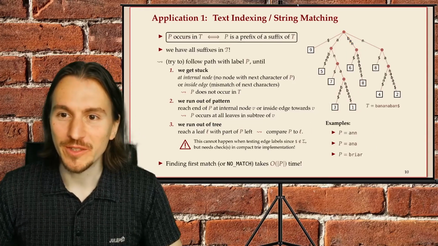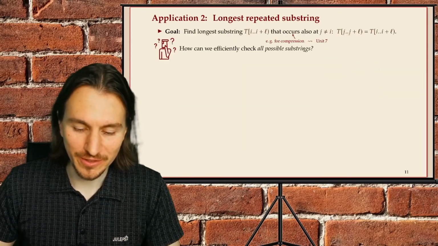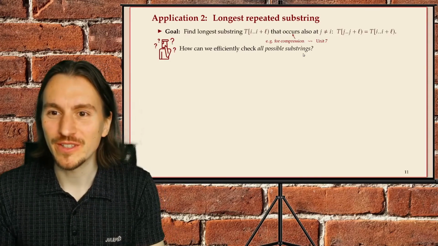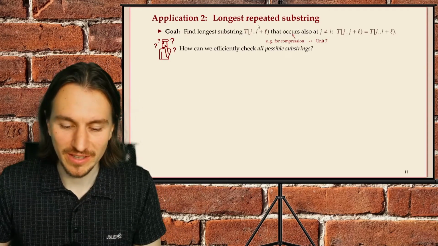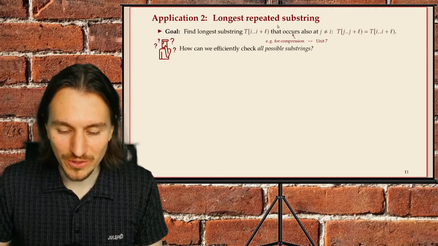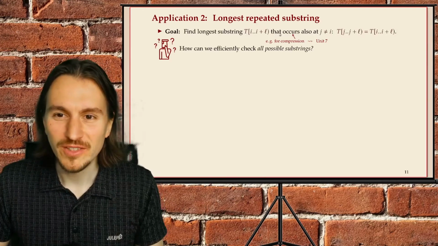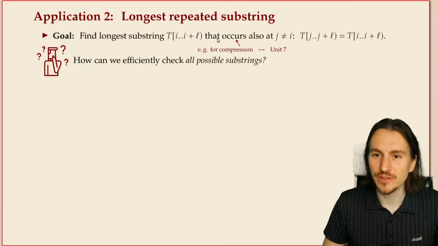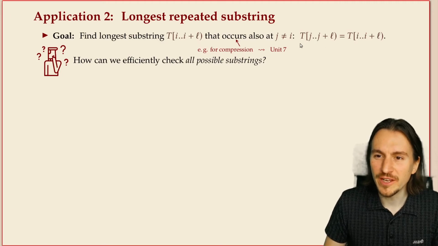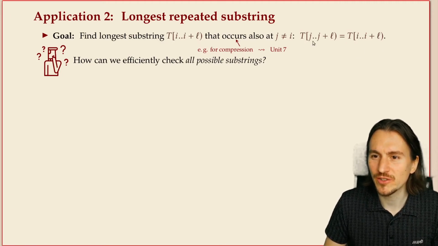That's only one application of suffix trees. We've already seen a second problem, which is almost the same: the longest repeated substring. Here we're given a single string, T, and we are interested in finding a string that occurs at two different positions. It starts at i and it also starts at j.